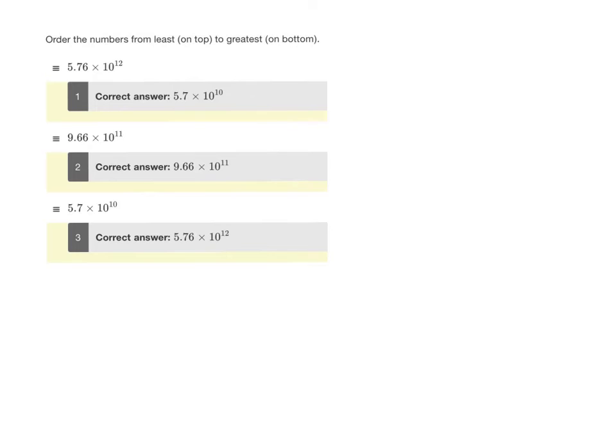So we're starting with 5.76 times 10 to the 12th, and then we've got 9.66 times 10 to the 11th, and then we have 5.7 times 10 to the 10th. So we first want to focus on the base of 10. So now let's look at the exponents.